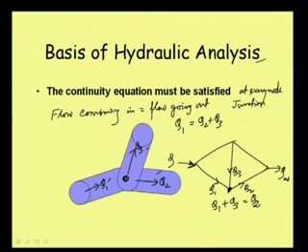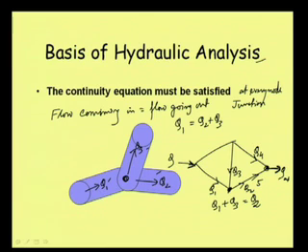Now, at this point, say discharge through this pipe is coming in, and through this pipe it is coming in, and going out is this point. So this is Q4 and Q5, and let me give this the name Q out. What will be the continuity condition?